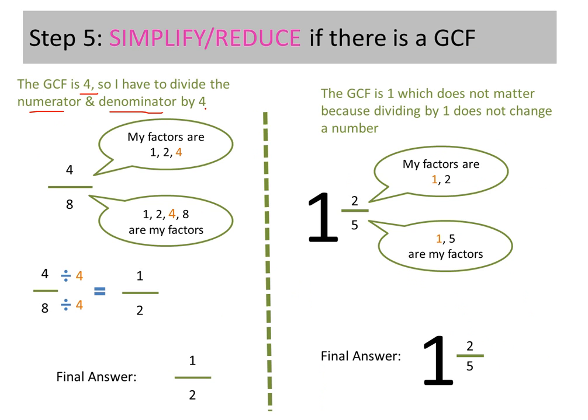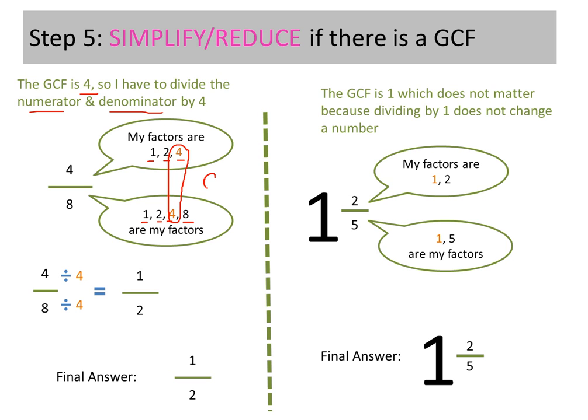Well, how did I determine a GCF? Let's take a look. I listed the factors for 4 just to be sure, 1, 2, and 4. I listed the factors for 8, 1, 2, 4, and 8. And now I look for the biggest one that they both have in common. Well, 1, that's not big enough. 2, not big enough. I see 4 between the two lists here that are common.